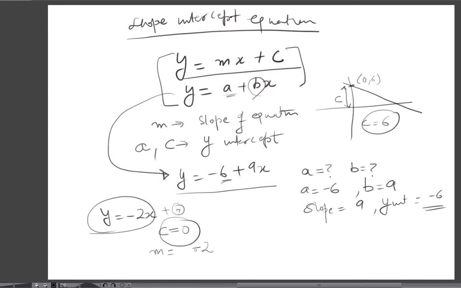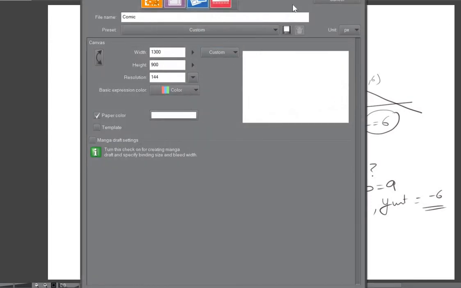And what do you think, is this line going from top to bottom, or bottom to top? Can you tell me just by looking at it? I'll take the next page. If the slope is negative, that means the line is this sort of line.